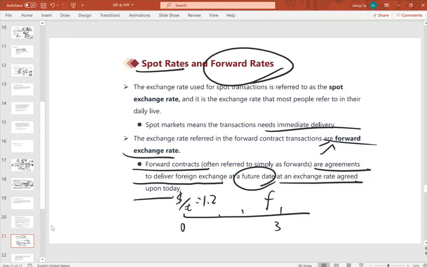So on today's market, at time zero, you sign a forward contract. You will buy the euro, using dollars, at 1.3. So on today's market, you are expecting the euro will be more expensive, so you want to reduce the risk. You sign this contract, so you will buy the euro based on the contract for $1.3 per euro. So that's the forward contract.